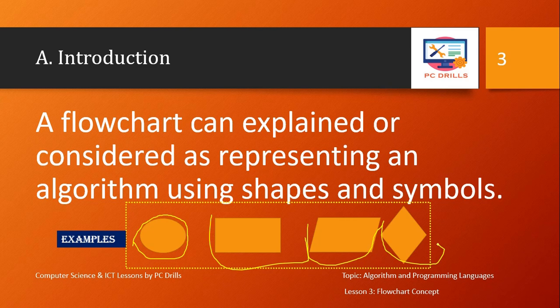If you are using a rectangle, you cannot use it to represent what a parallelogram is used to represent. So with a flowchart, you need to know where to use a particular symbol, where to use your circle, where to use your rectangle, where to use your parallelogram, and where to use the diamond shape. There are other symbols, but these are the most commonly used ones.